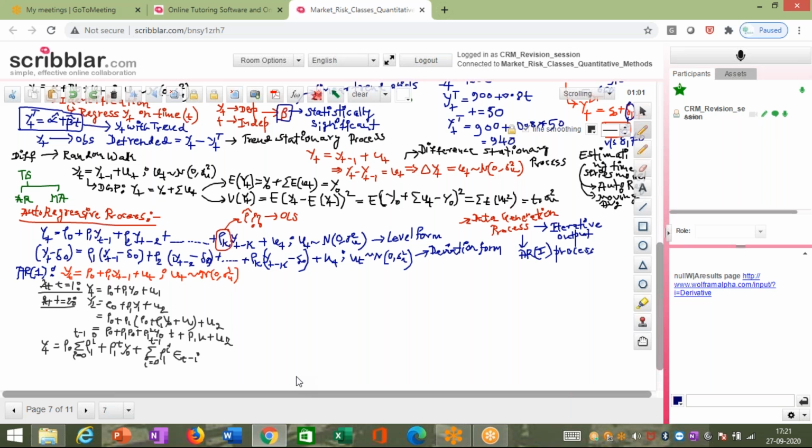So that is where, over a long run, the impact of the error is gone. Why? Because if I look at the expectation of YT, the mean that YT would have, the expectation of the error will become zero. So the third component, the cross impact of rho 1 and the error term, will not have any average impact. All the average impacts will get cancelled out.